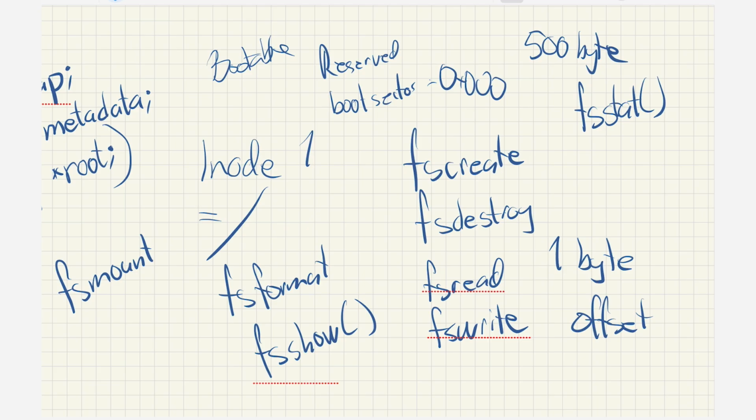Possibly I will do it so we create it when we format the disk and we store it on the disk, and we write it when we unmount the disk instead. That will be a little bit more efficient, but I don't want to make this implementation more difficult than I have to. So we'll see.